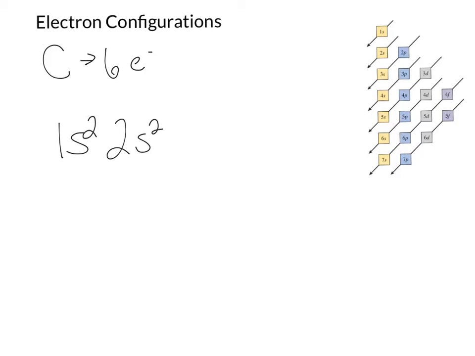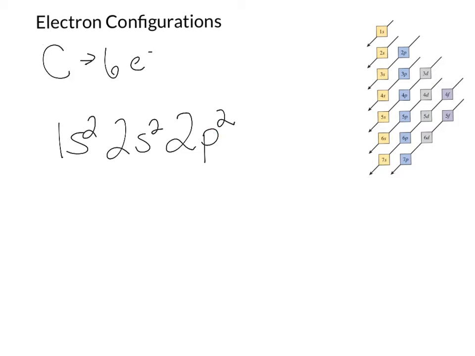So since there are 6 electrons that need to be put into orbitals, we already have accounted for 4, but the last 2 will go into the p orbitals. Now the p orbitals are a little bit different because they have 3 different orbitals for one subshell. So you would simply write 2p2 to show that you have 2 electrons placed into this p subshell.